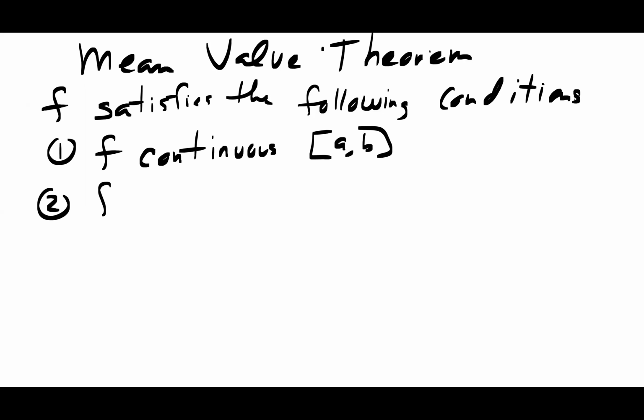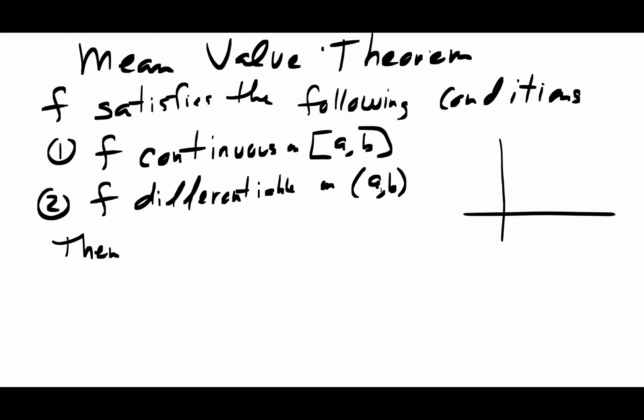Next, f is differentiable on a to b. Absolutely. Can't find where the derivative equals 0 when you can't even take the derivative of it. So yeah, there it is. That's a cause. And then if those conditions are met, then we have this.